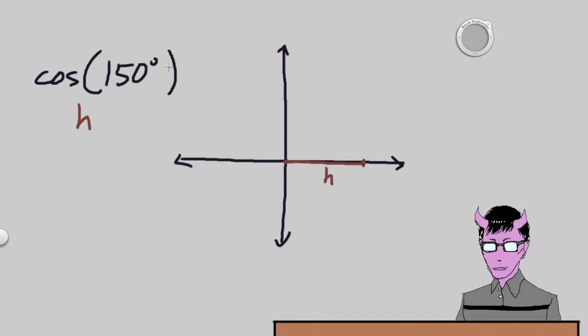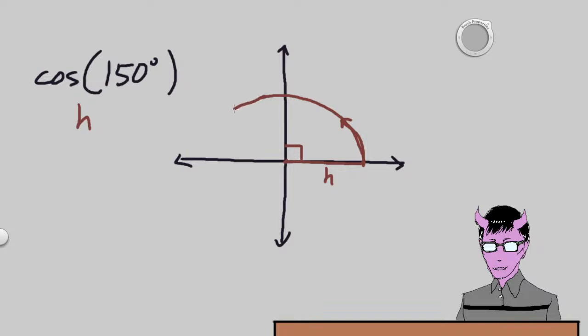And then we're going to rotate that a certain number of degrees. How do we rotate it? 150 degrees. So where do we end up rotating this particular hypotenuse? Well, from here to there is 90 degrees. This is greater than 90 degrees, so we're actually going to break past this particular checkpoint.